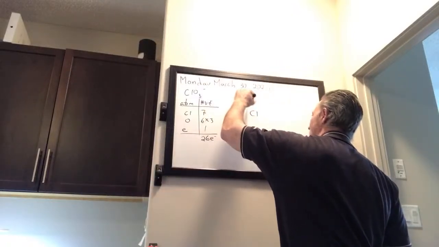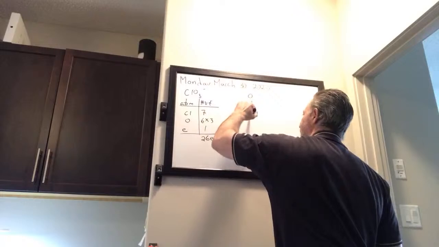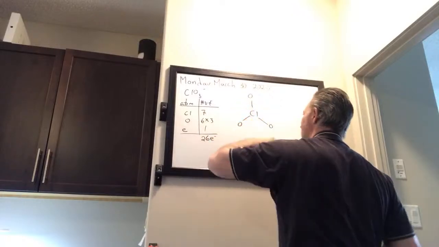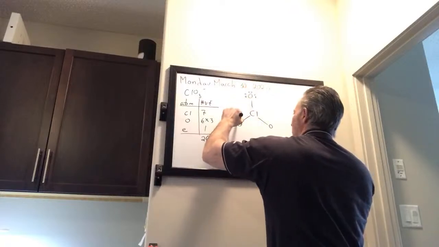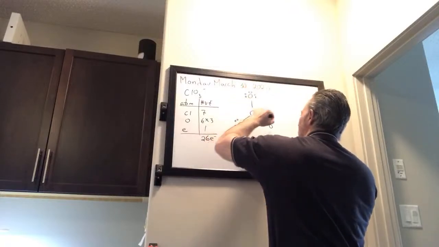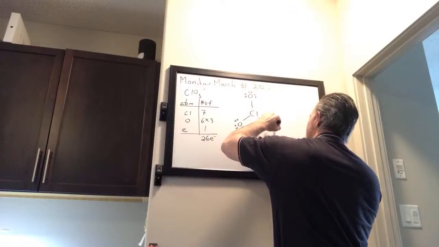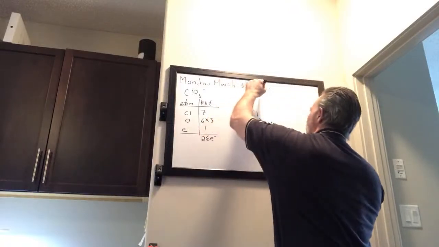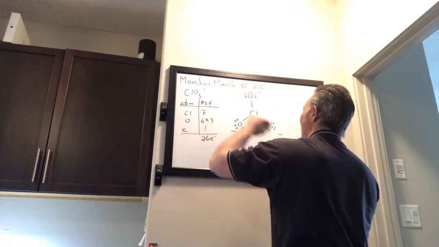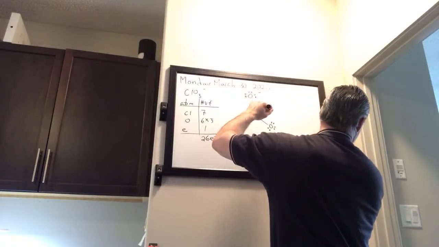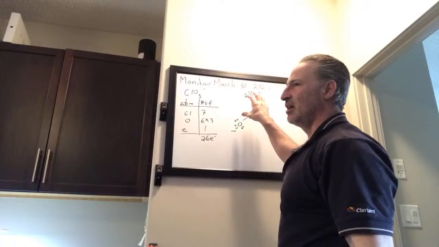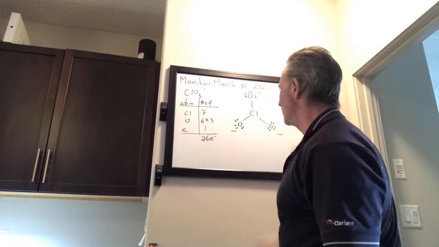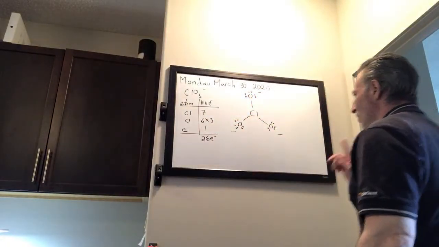So I'll start by drawing chlorine as the central atom, and then stick on 3 oxygens, and then disperse all the extra electrons by filling the octets on the oxygen atoms. That would give a formal charge to each oxygen atom. I forgot one lone pair.